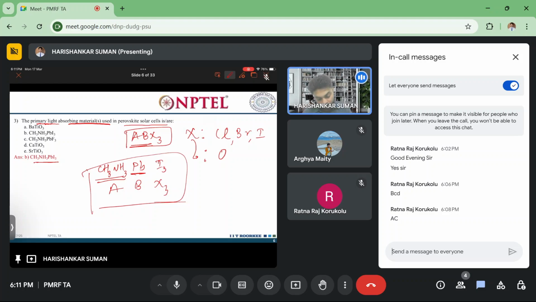This is the primary material, and the band gap is around 1.55 eV. This is methyl ammonium lead iodide, MAPI. Okay, so the primary material is this.